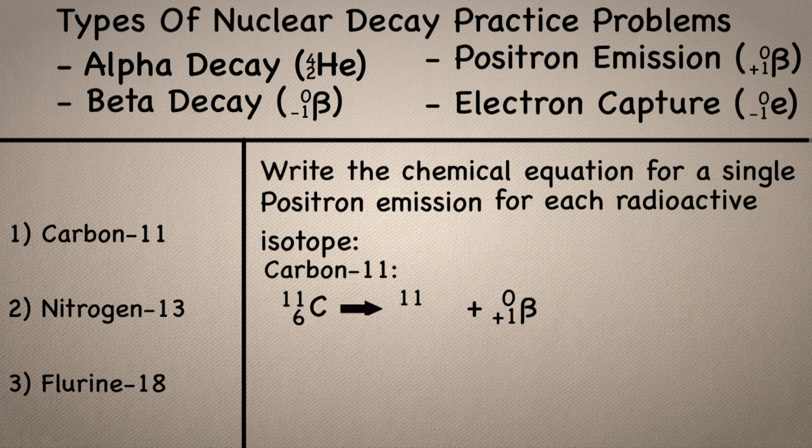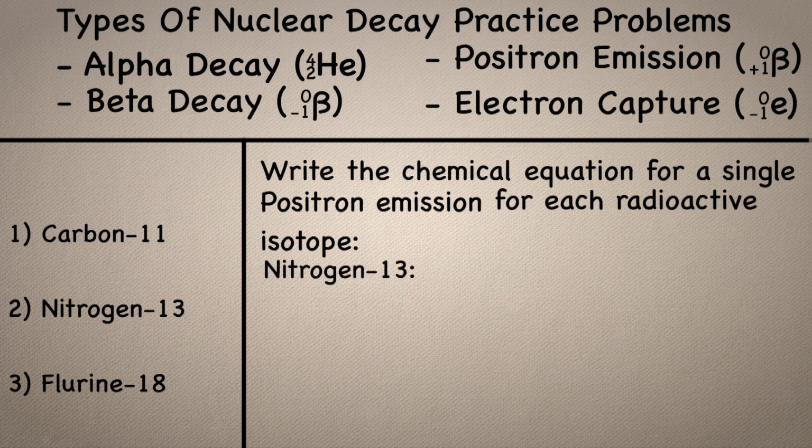We need to have them equal out, so we need 5 for our missing number of protons, because 5 + 1 is 6. So our missing element is 11, 5 boron. So our positron emission gives us 11, 6 carbon emitting 11, 5 boron plus a positron.